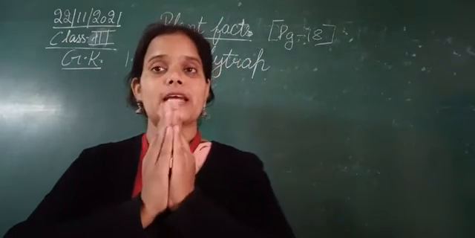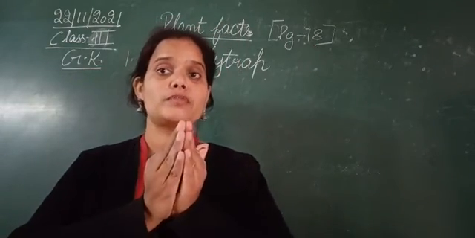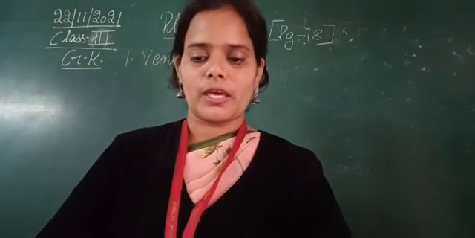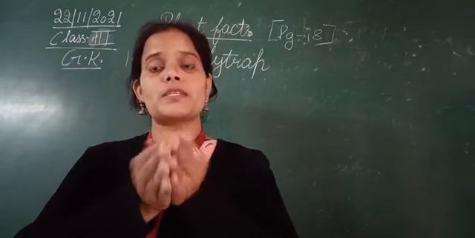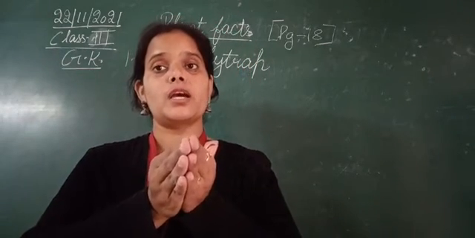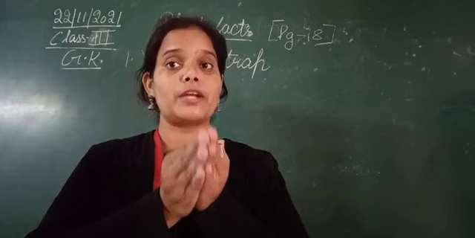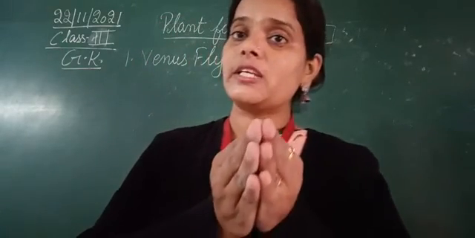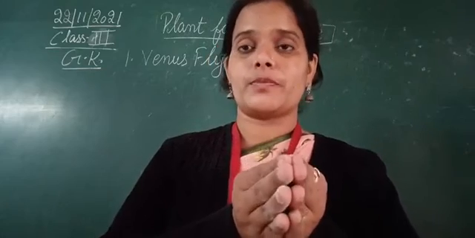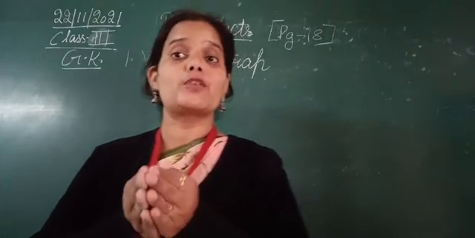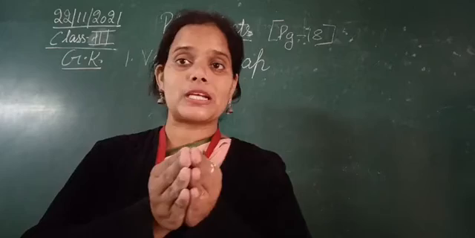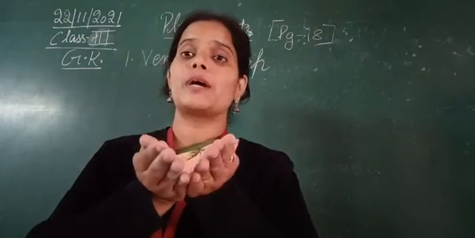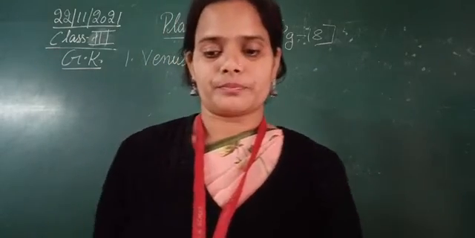The insect is trapped inside the leaves of the Venus flytrap, and it reopens this leaf only after that insect is completely digested by the plant. जब उस प्लांट या वो लीफ, जब इंसेक्ट को पूरी तरह से डाइजेस्ट कर लेता है, उसके बाद ही वो दोबारा रीओपन होता है.